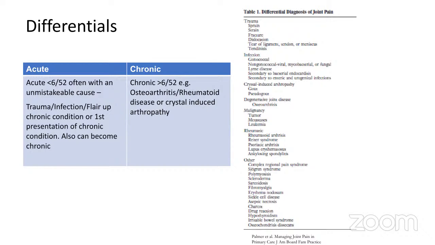Acute pain could indicate something such as trauma or infection, or a flare-up of chronic pain, or even the first presentation of a chronic condition. And chronic conditions can present more commonly as the arthritides that we know of, such as osteoarthritis, rheumatoid disease, or crystal-induced arthropathy.